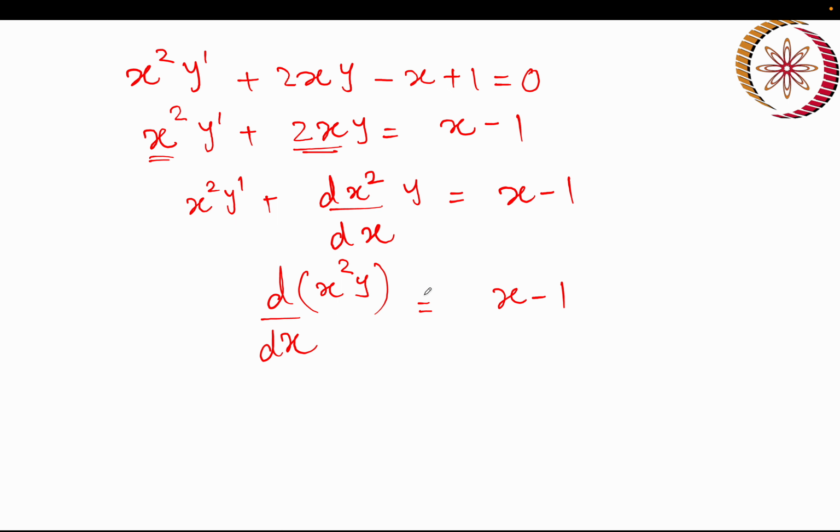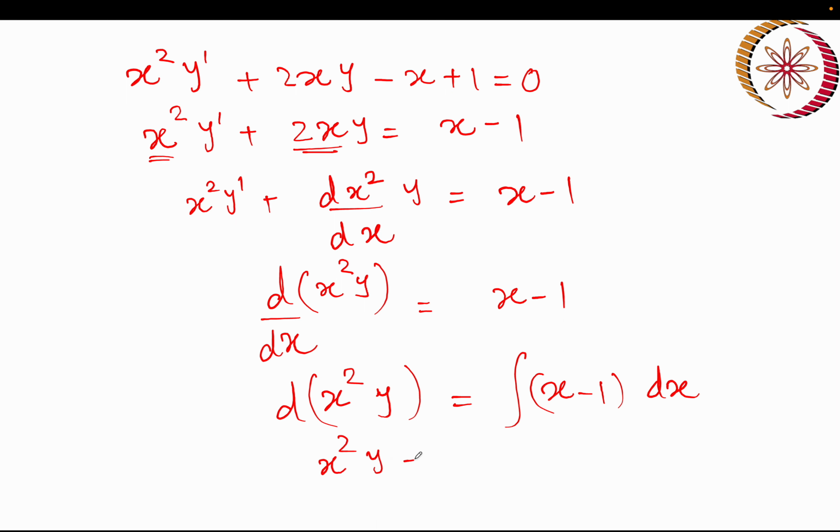So this is the form we have, and the left hand side was a total derivative, so we don't have to do anything here. And if we solve this, okay, so what we get is x square y is equal to x square by 2 minus x plus c.